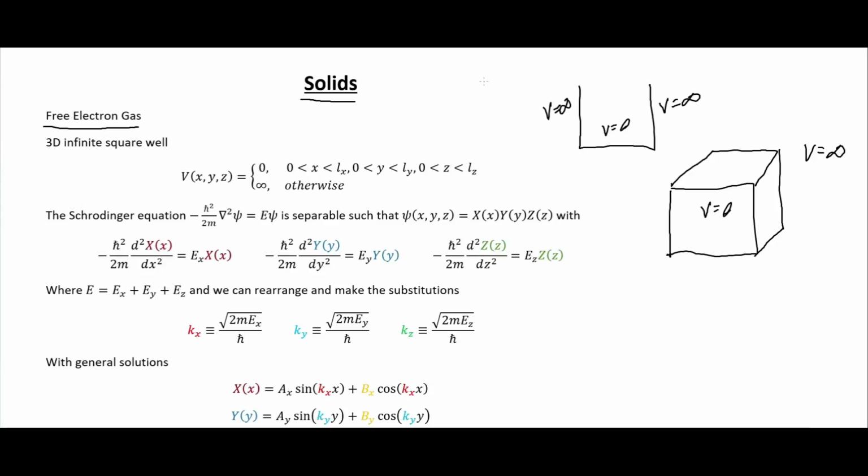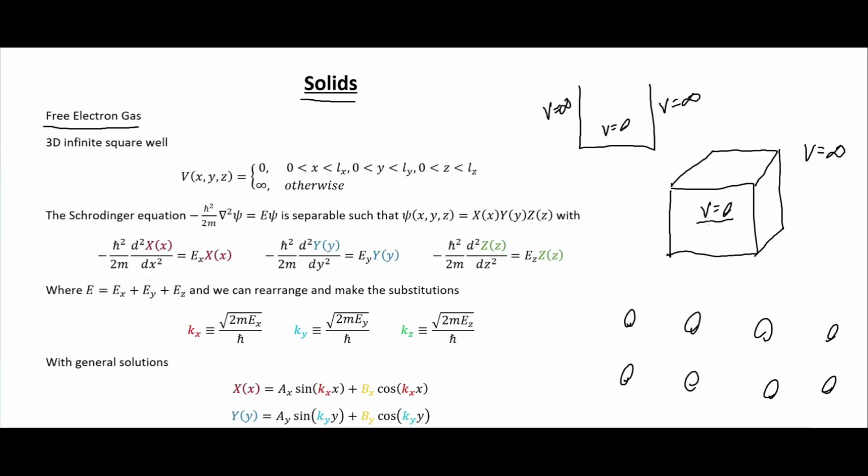In future videos, we'll be looking at more precise models, because if you have a solid like this, then you have nuclei in it, spaced evenly apart in three dimensions. So you have these evenly spaced, regular potentials inside, and we would actually have to not just say that the potential is 0 everywhere inside, but build up to there.